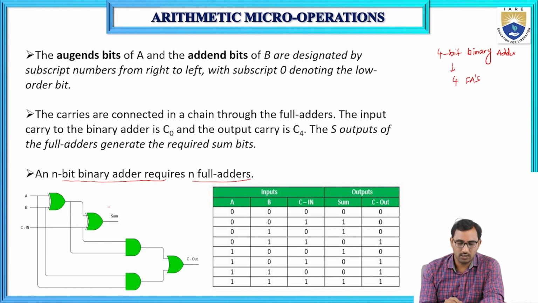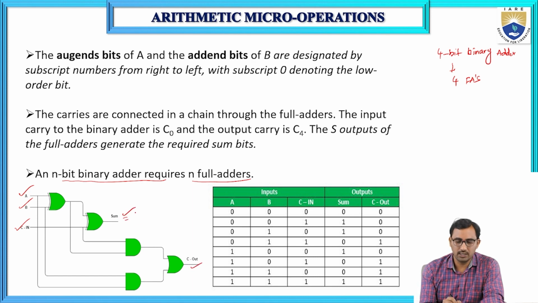So this is the logic diagram of one full adder. This full adder has 3 inputs: input A, input B, and input carry. And it produces 2 outputs, one is the sum and another one is the carry.